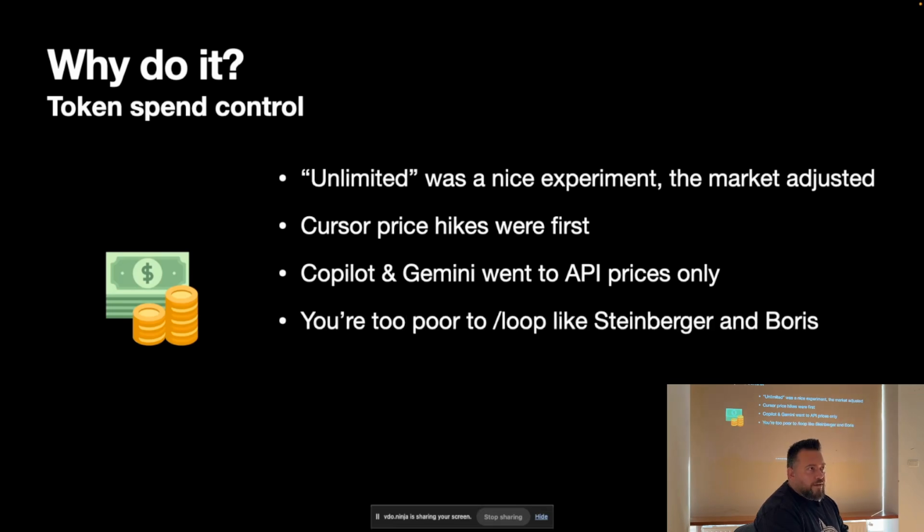And let's face it, you're too poor to run loops for days like Steinberger or Boris, because those loops that they use to, I don't know, rewrite Bun in Rust and what have you, cost.